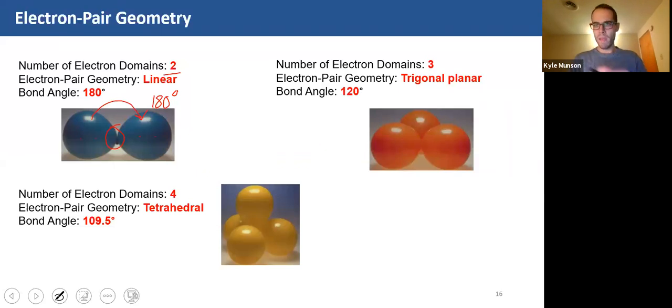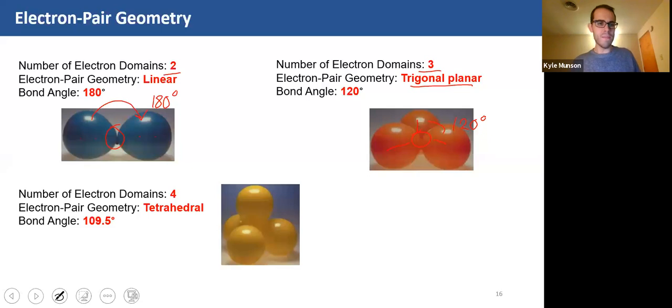So if you move over here for when we have three electron domains, we have the central atom in the middle, and then it's kind of like so. This electron pair geometry is called trigonal planar, and the bond angles here are going to be 120 degrees. And again, this is just something to memorize, and we're going to do lots of examples together.